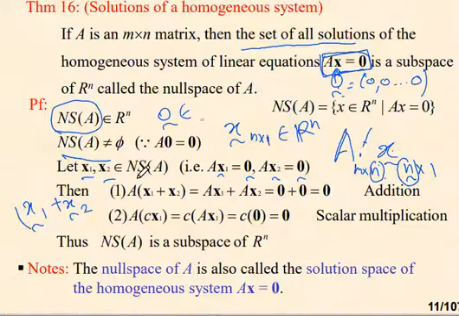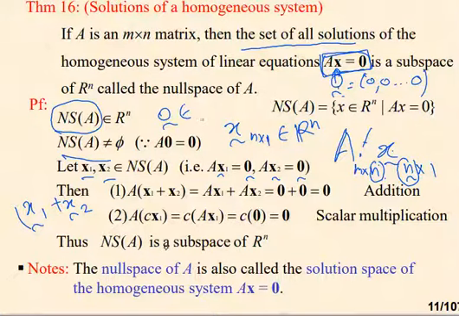Let's check that by multiplying by the matrix A. You can expand this bracket, you get Ax1 plus Ax2. You know Ax1 is equal to the 0 vector, and Ax2 also. Therefore x1 plus x2 belongs to this set. That means this set is closed under vector addition.